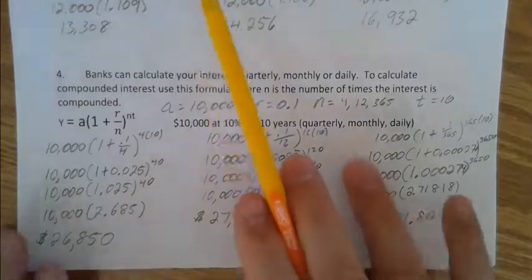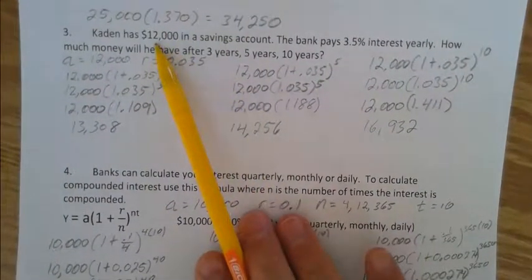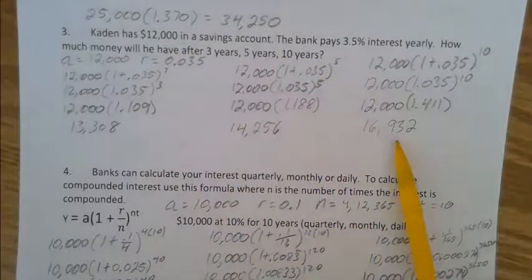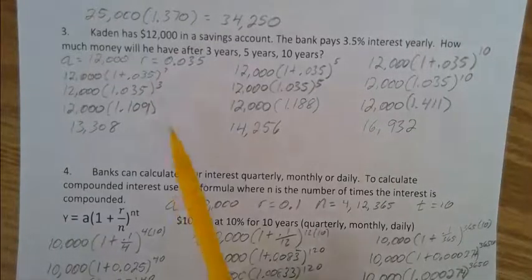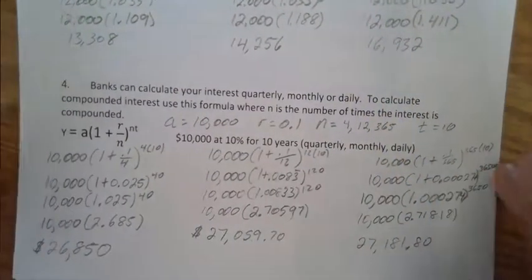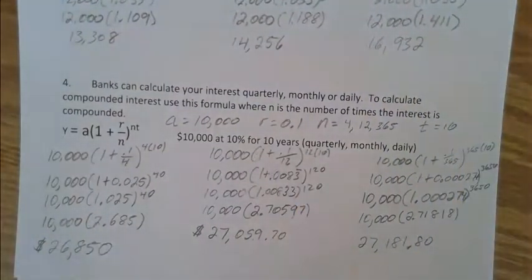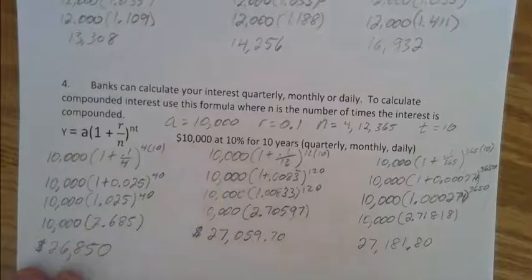In problem 3, we started with 12,000, and then after 10 years only had 16,000. And here, in number 4, we started with 10,000, a smaller amount, but compounded your interest. So you're making money off of the money you made. Notice you ended up with a much larger value, even though you started with a smaller value.